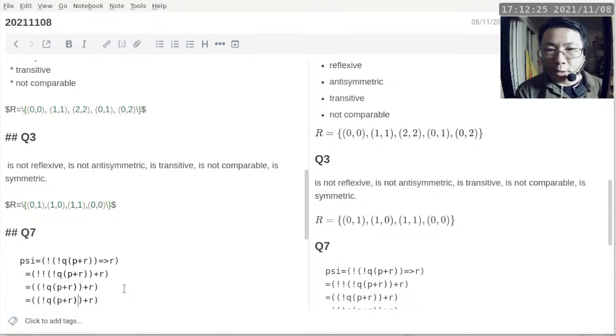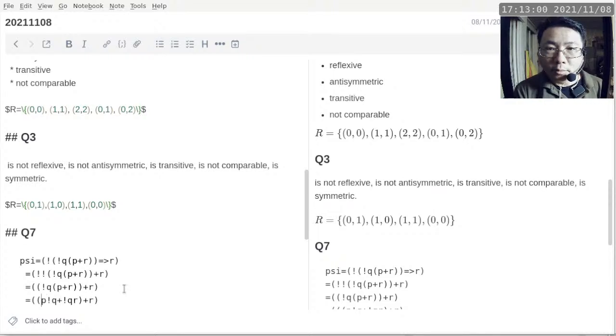The part we're working on is this part here. We're trying to use a distribution to take care of this part. So what we end up with is P not Q, or not QR. Now that part goes away, and I don't need extra parentheses because of the priority of the operators.